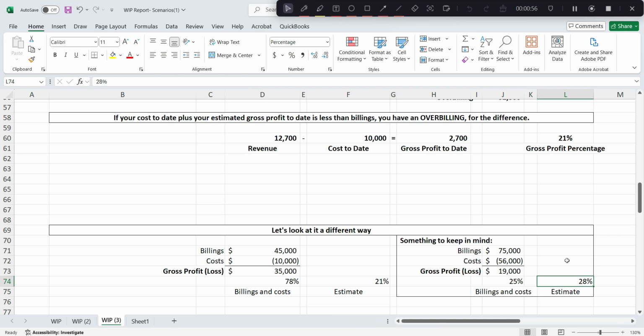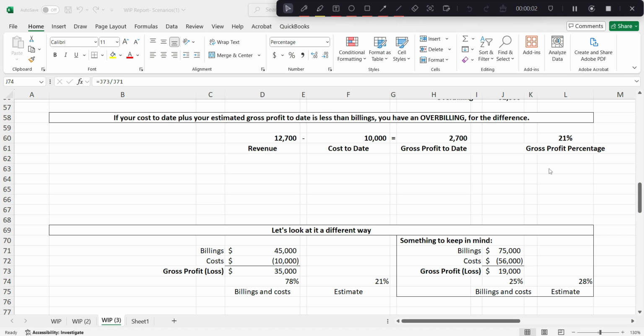Well, if our estimate is 28%, we are underbilled. You can see the difference here. It's flipped. Instead of the actual gross profit based on billings and costs being higher than the estimate, it's lower than the estimate, which means we are underbilled. If you have any questions on that, you can watch the summary on underbillings in a separate video I made.